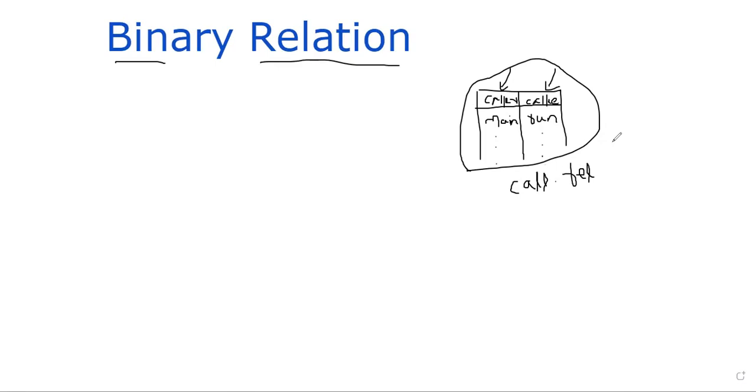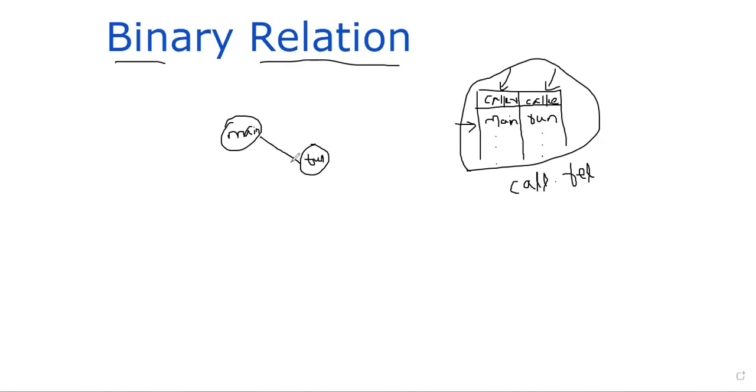You can also visualize it as a graph. Every row is one edge. So in this case, main is one node and run is another node, and main calls run. That means you can draw an arrow from main to run.